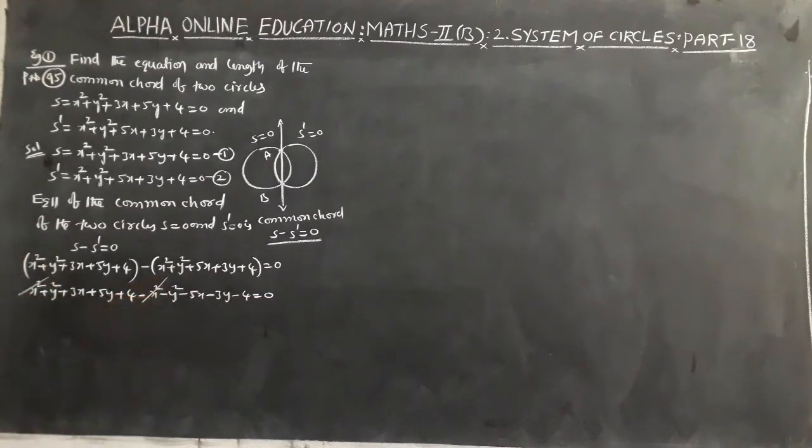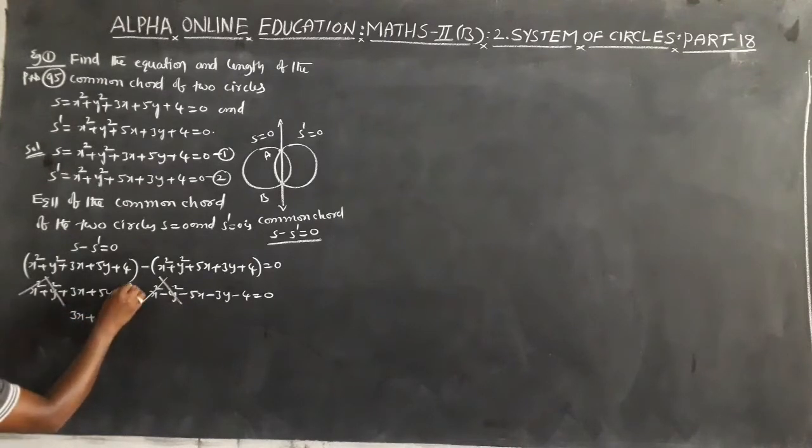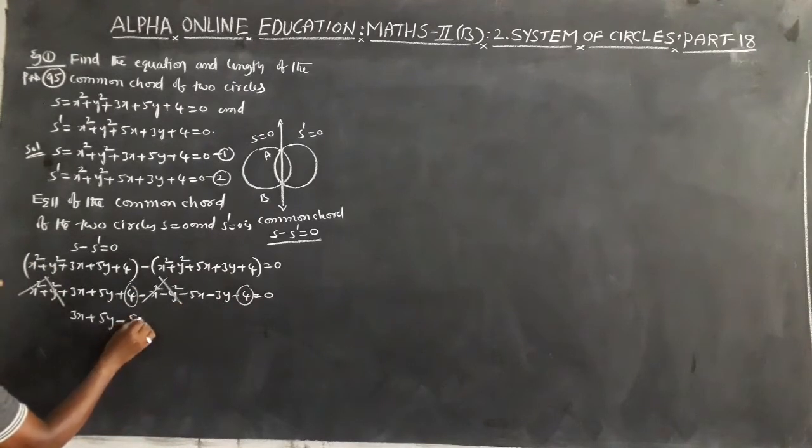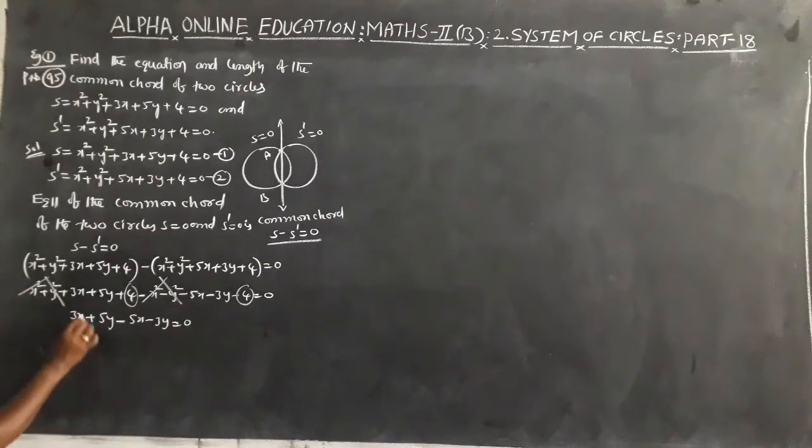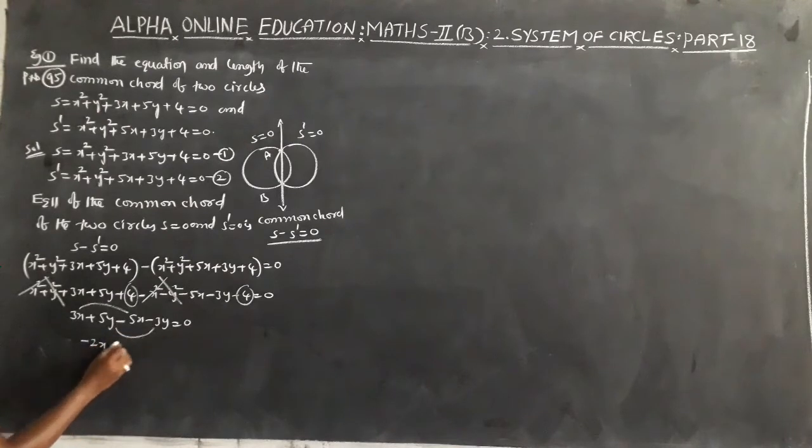X square gets cancelled, y square minus y square cancels, plus 3x plus 5y plus 4 minus 4 gets cancelled, minus 5x minus 3y is equal to 0. Plus 3x minus 5x is minus 2x, plus 5y minus 3y is plus 2y is equal to 0.